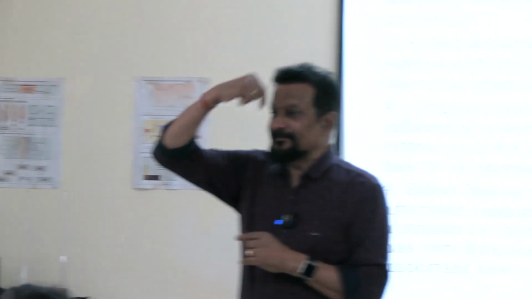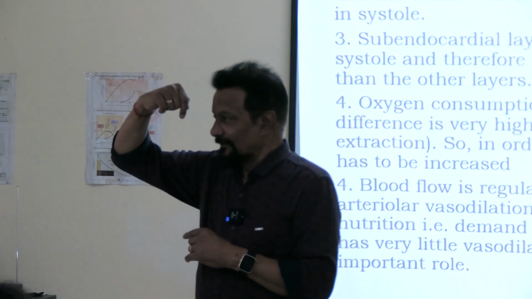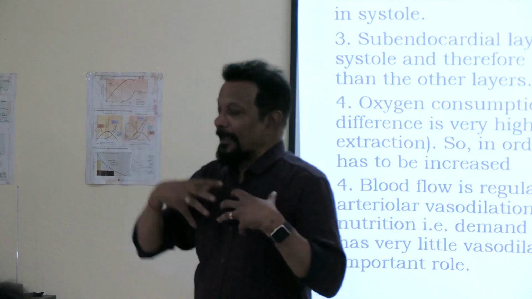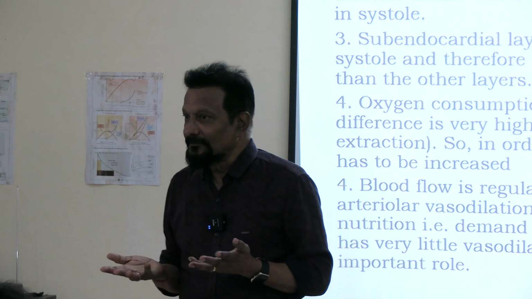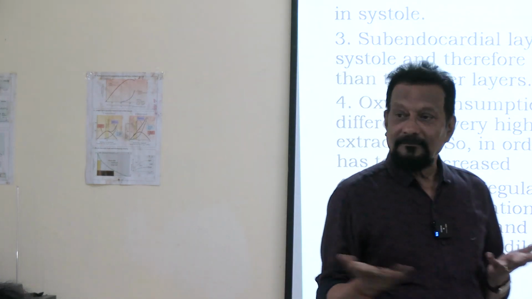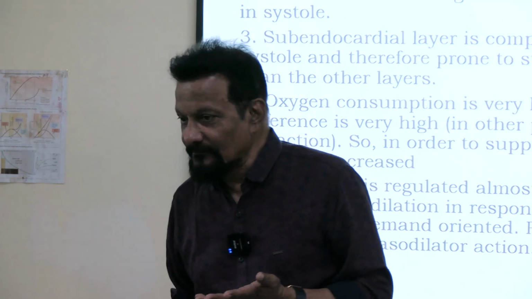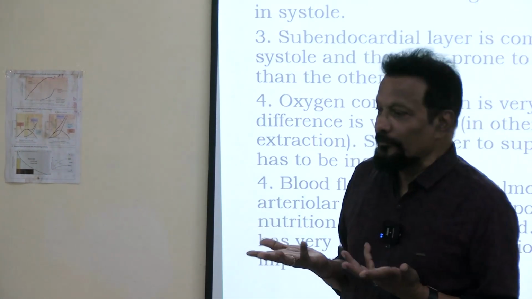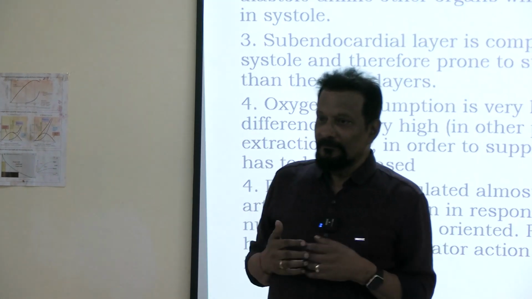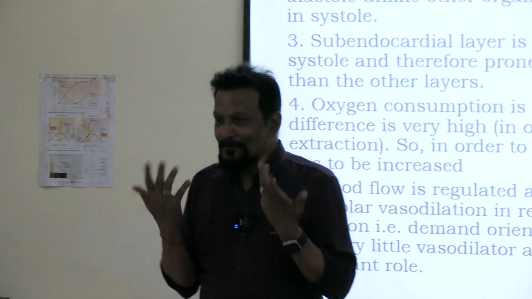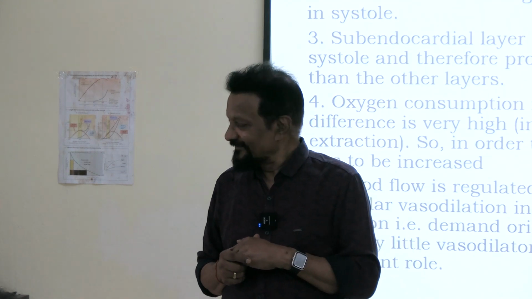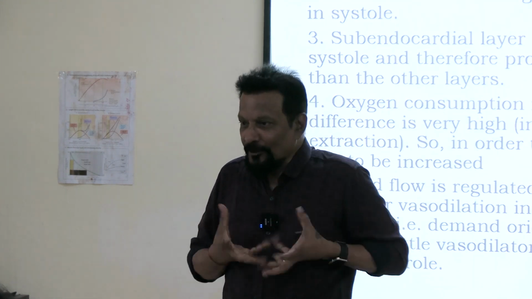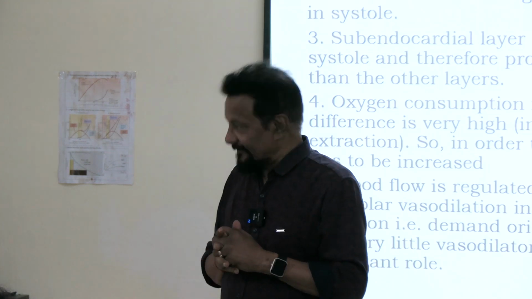How? Sympathetic stimulation. If the sympathetic nerve is stimulated, what happens to our heart rate? Increase or decrease? When you become afraid, your sympathetic nerve is stimulated, so your heart rate is increased.